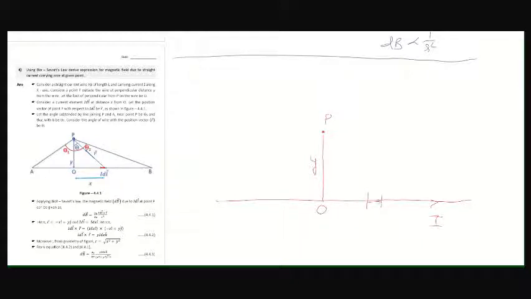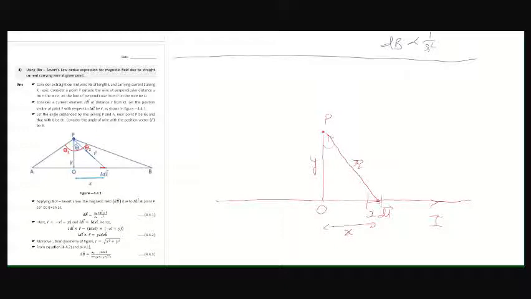I am considering a current element IdL at distance x from the foot of perpendicular. And point P is at position vector r with respect to IdL. Okay, so this is the consideration.